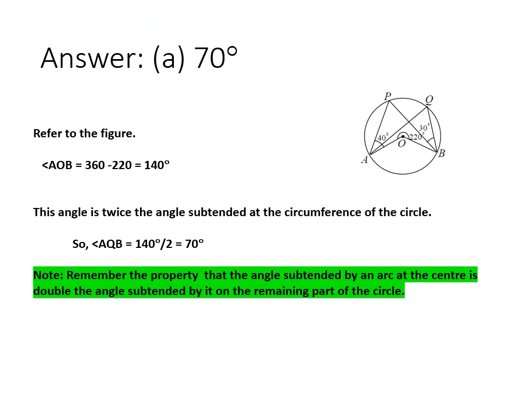To solve this, simply use the property formula: the angle subtended by an arc at the center is twice the angle subtended by it on the remaining part of the circle. By using this property, we see that angle AOB is equal to 360 degrees minus 220 degrees, 140 degrees.